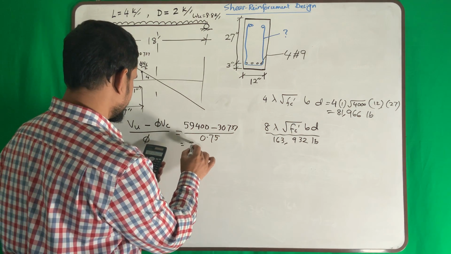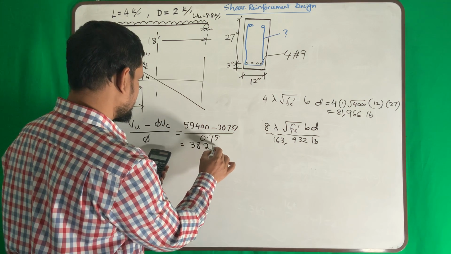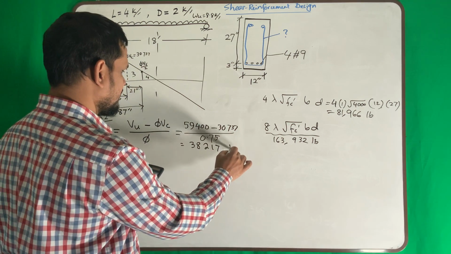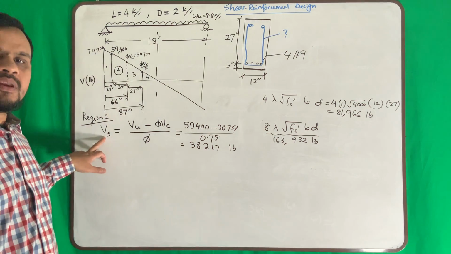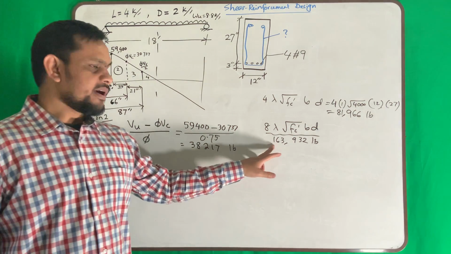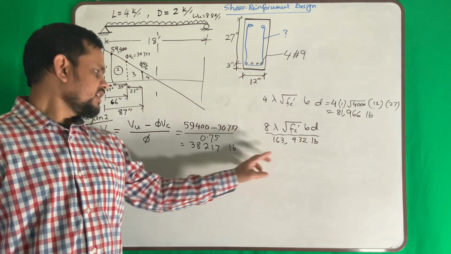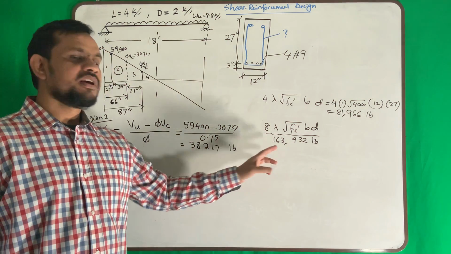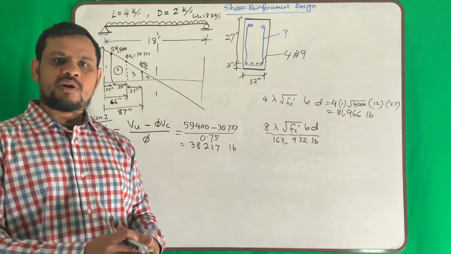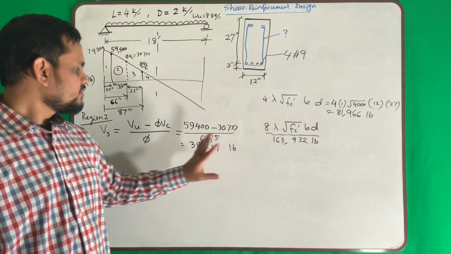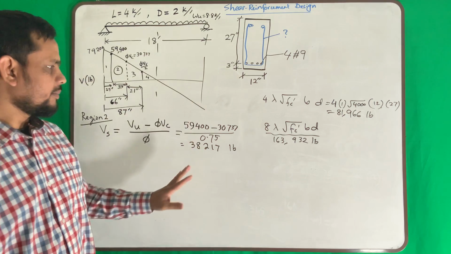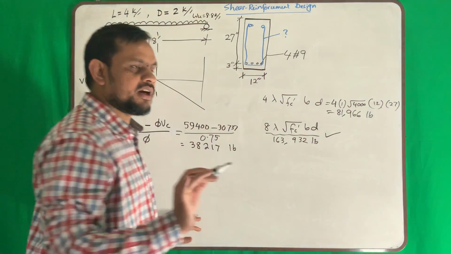So I got this value 38,217 pound. Okay. So Vs cannot exceed this value, never. If my Vs is more than this, my section is wrong. We have to revise the section. So my value is not more than this. So at least my section is good. Number 1. So the purpose of this is done.